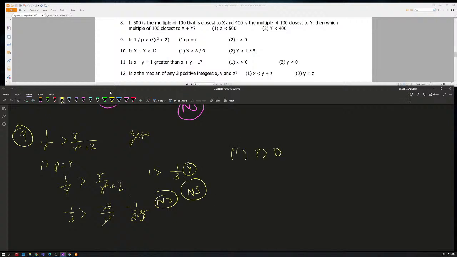Let's say that r is greater than 0. Now you can definitely see that if r is greater than 0, you will get this answer, right? Because if it is like 1 by 2 is greater than 2 upon 4 plus 2, so 6 and 1 by 3 less than 1 by 2.